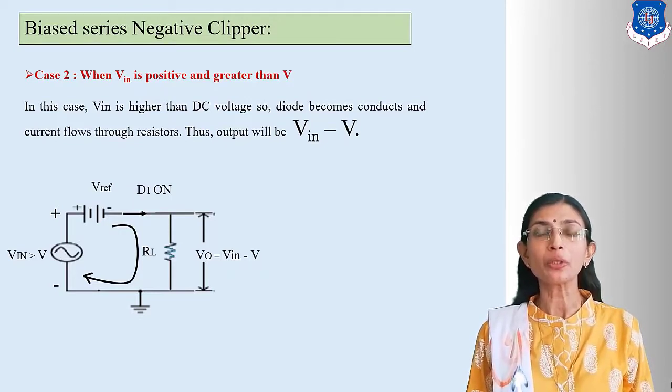If current is flowing through the circuit, then we have to apply Kirchhoff's voltage law, because there is one V reference in the loop of the circuit diagram. So we will have the final output VO equal to V in minus V reference.